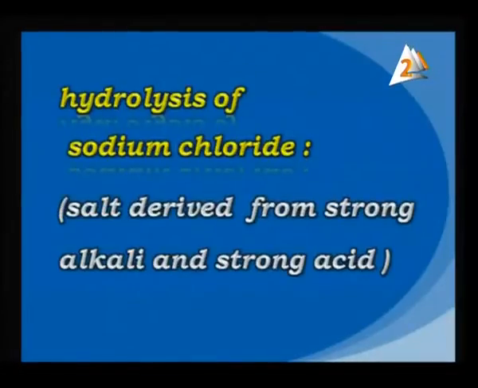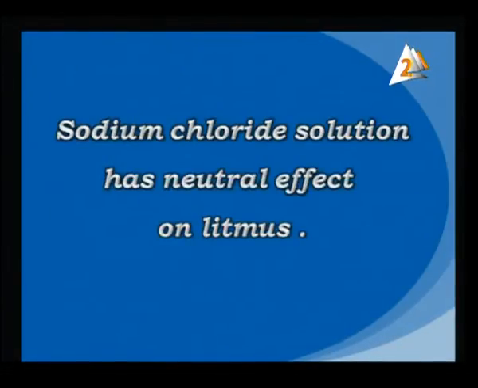Now, hydrolysis of sodium chloride. Sodium chloride, NaCl, positive and negative. The salt is derived from a strong alkali and a strong acid. Both of them are strong. What do you think happened during this? Here we have the sodium chloride solution has a neutral effect on litmus paper and makes complete ionization inside water. pH equals 7.